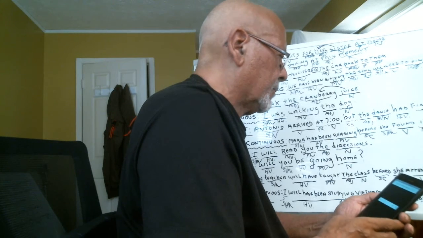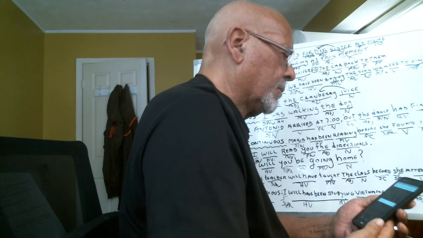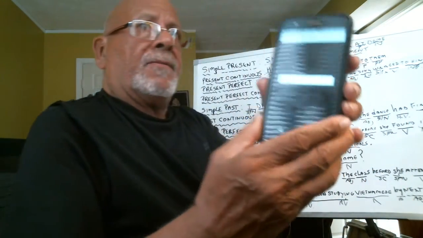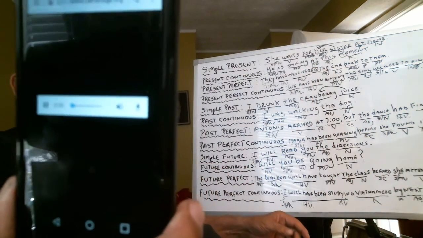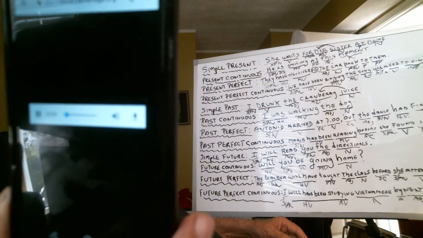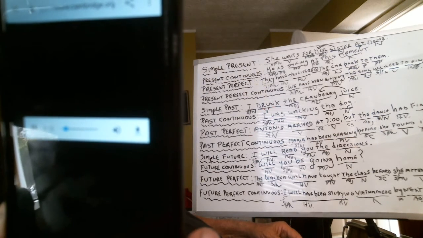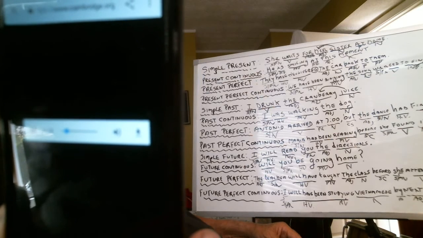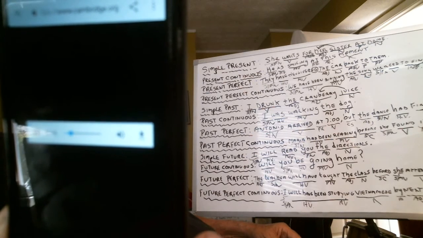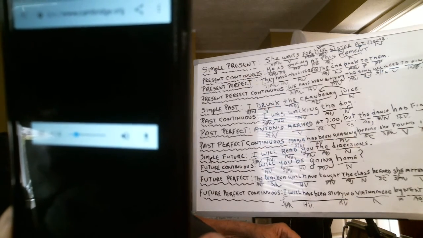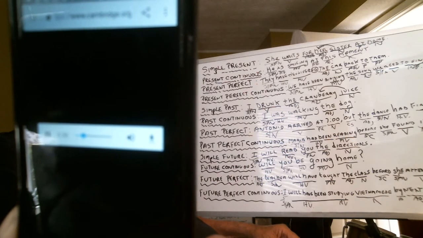Page 114, exercise 2A. 1. While Dad was working in the garden, a thief stole his car. 2. I was eating lunch when the fire alarm suddenly went off. 3.